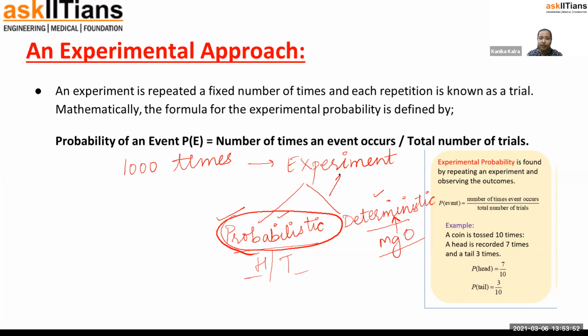Now let's move to the definition again. Experiment means a series of steps followed to get some result.